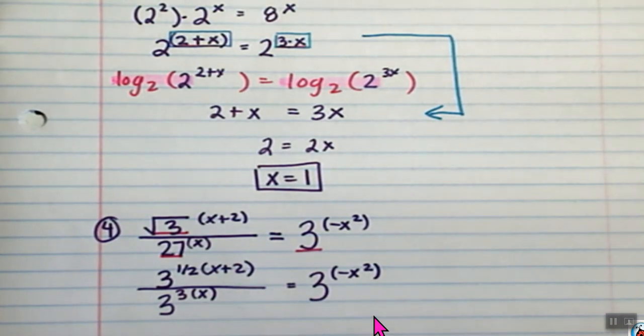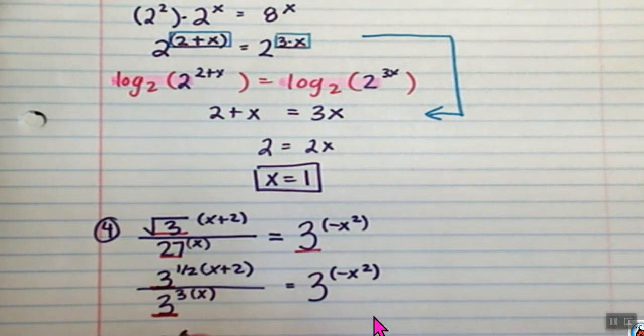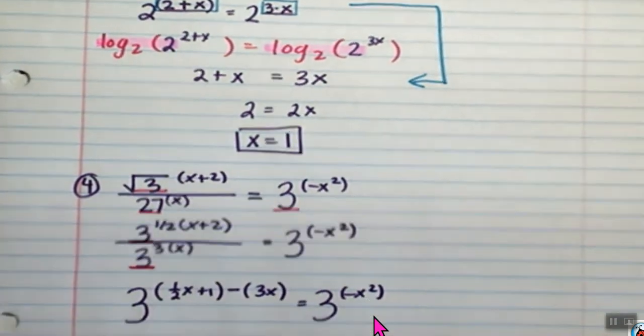All right. Now my property says if I divide the same base, check out that, same base, then I subtract the exponents. So I get 1/2 x plus 1 minus 3x. That's what my property says to do.